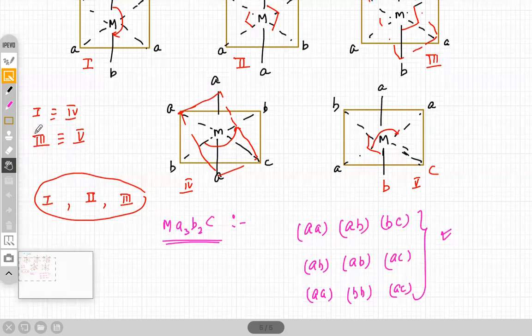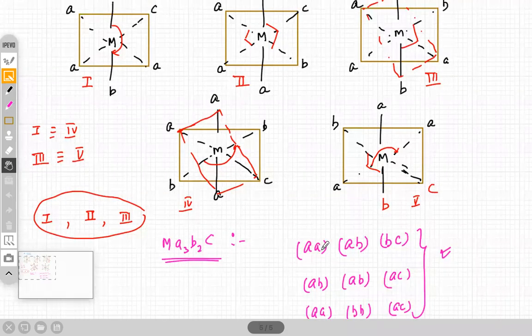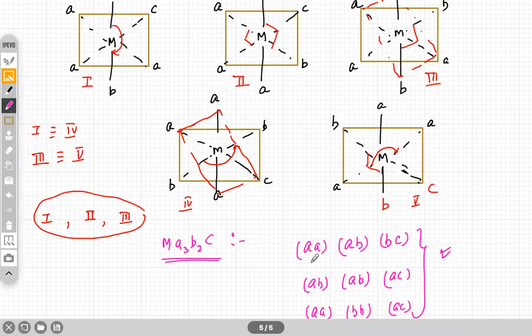See here, each pair represents the ligands present at the opposite corners of a diagonal. Take AA, AB, BC. In this molecule, the two ligands at opposite corners are AA, another two are BC, another two are AB.